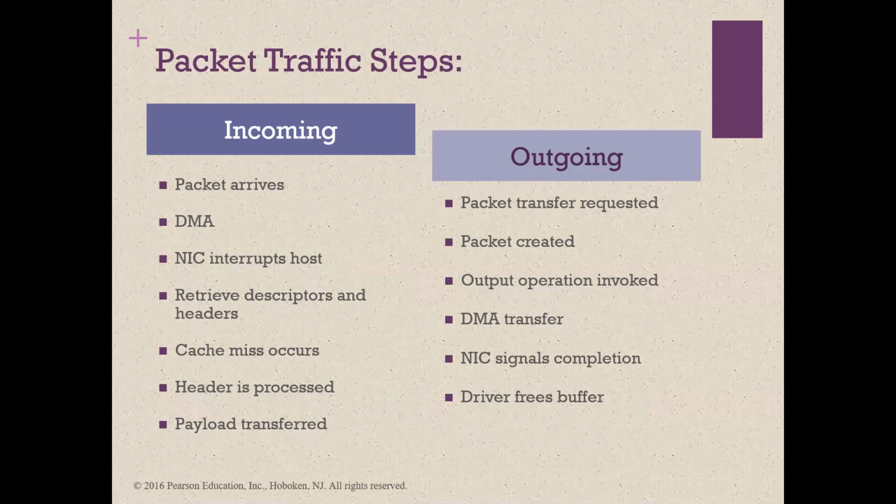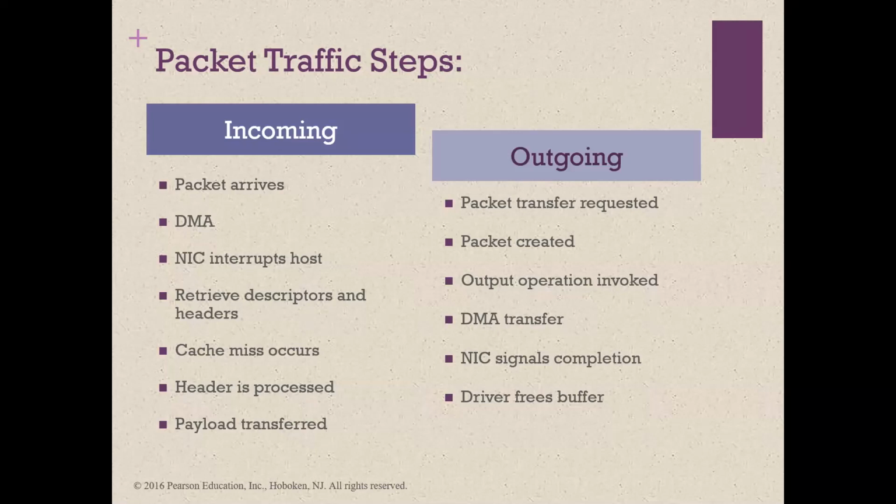Therefore, the core must stall in order to read the data from the main memory into the cache, and then the core registers are updated. And then the header is processed, and then the payload is transferred ultimately. Here the data portion of the packet is transferred from the system buffer to the appropriate application buffer.